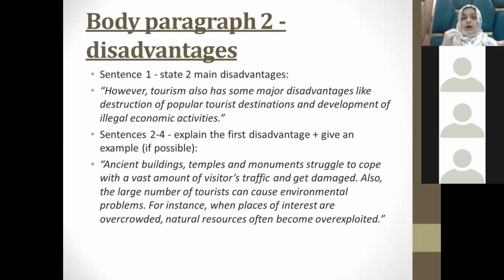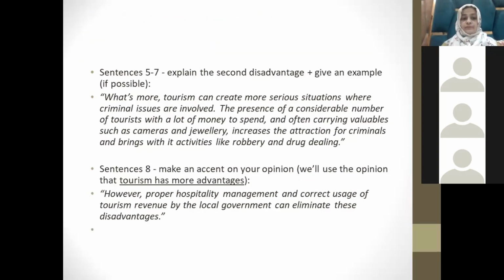They throw garbage anywhere because they know there is no such law and order in Pakistan. There is no strict law and no surveillance, so they have no fear of being caught. This is how they exploit the natural resources of our country. So you can give the example of such exploitation as well.